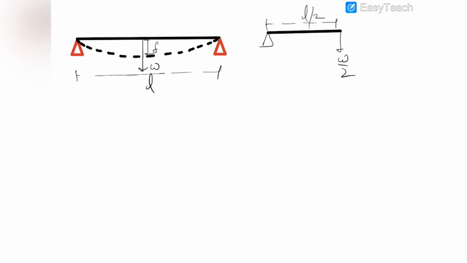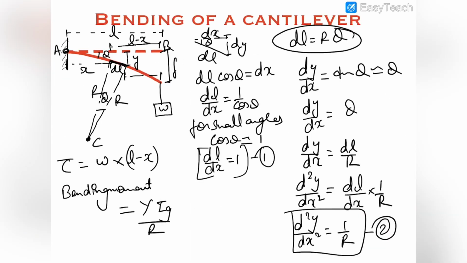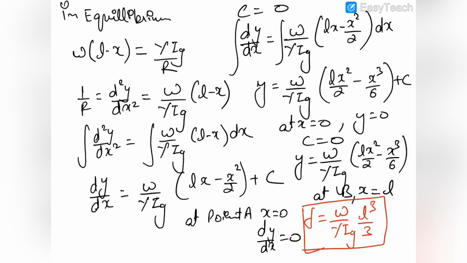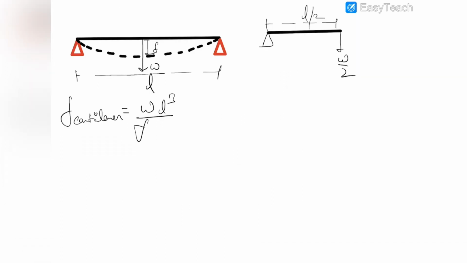We have already discussed that in a cantilever, the depression was equal to WL cube divided by 3 gamma Ig. Here gamma is Young's modulus, and Ig is the geometrical moment of inertia.